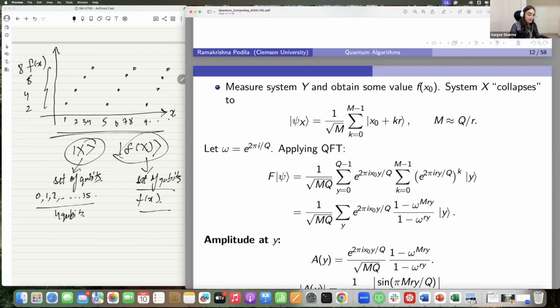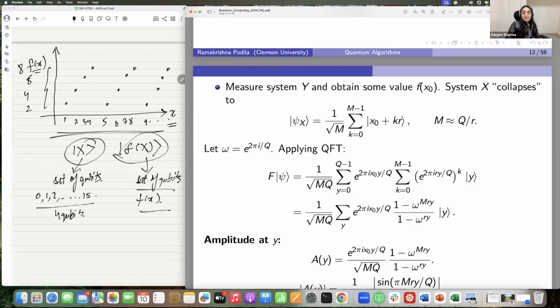So let's say this is my x, the values x can take, and the values f of x can take. My initial system is in a superposition of all these dots, and you can think of these dots as states in the Hilbert space.